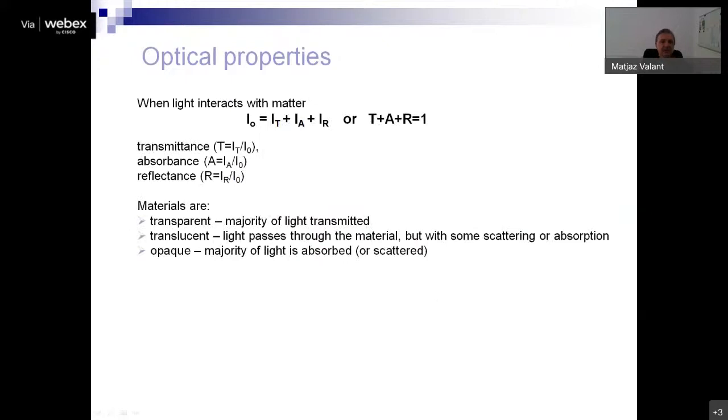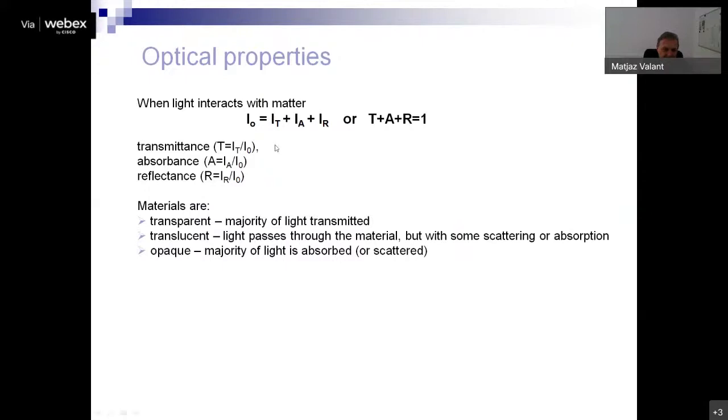So what happens when the light meets material? Three general things can happen. It can go through, what we call transmittance, it can be absorbed, or it can be reflected, reflectance.